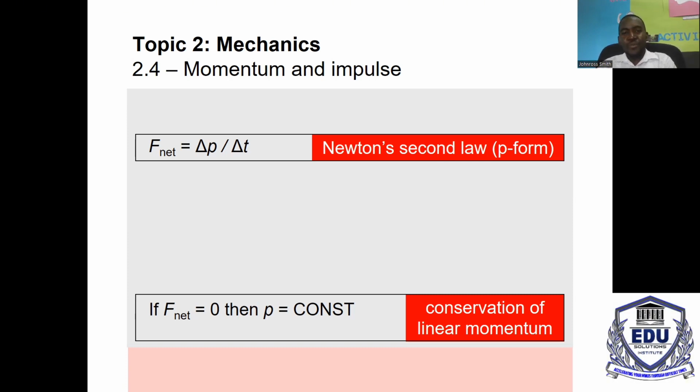So today's lesson, we're focusing on a continuation of last week's lesson where we looked at momentum and impulse. Now, in this lesson, we're going to focus on the conservation of momentum.